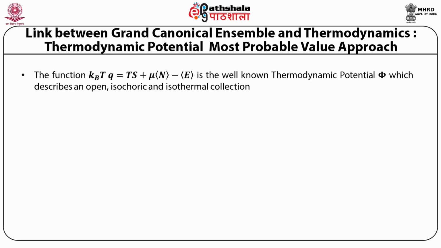collection of particles, given by phi as a function of T, mu and V, equal to TS plus mu times the mean number of particles minus the mean value of energy, which is equal to Q times kBT.